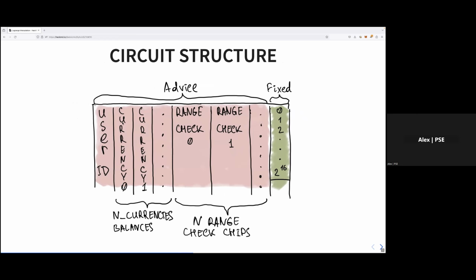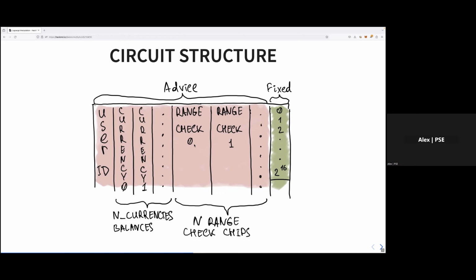That's why we need to have multiple balance columns in the polynomial. And as we said, we're using the full ZK-SNARK here because of the range check. That's why you can see that for every currency balance, we need a corresponding instantiation of the range check chip. So for currency 0, there will be a range check 0, for currency 1, range check 1, and so on and so on.